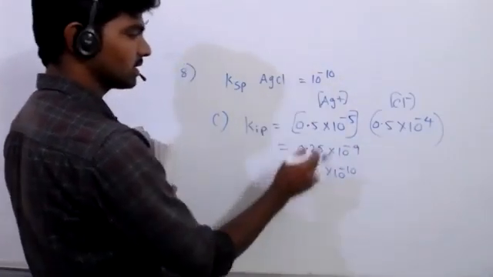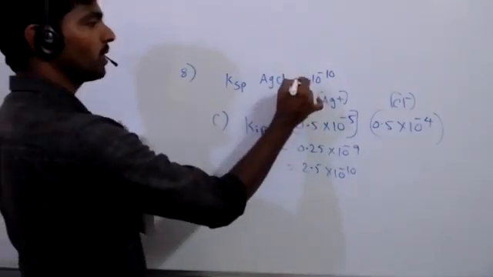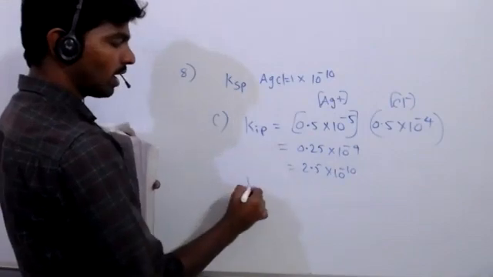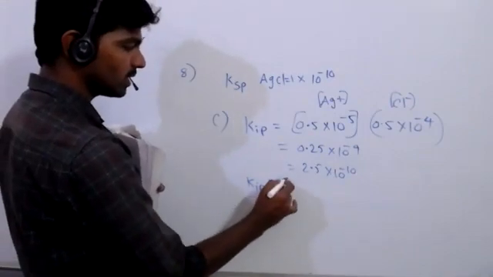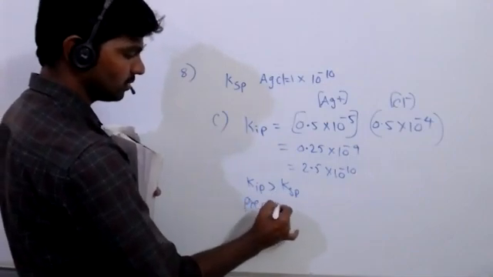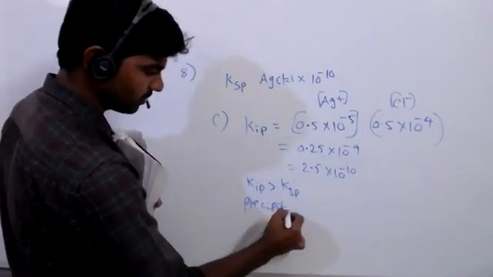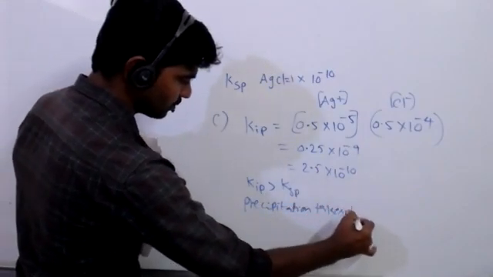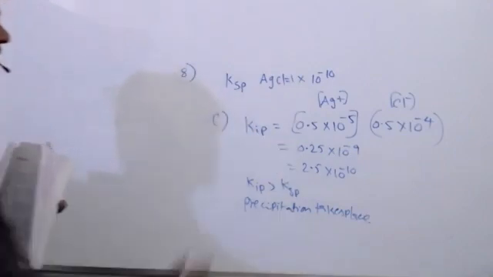Now compare this with Ksp, 1 into 10 power minus 10. The ionic product is greater than the solubility product, so precipitation occurs. Yesterday I gave this relation. C is the correct answer.